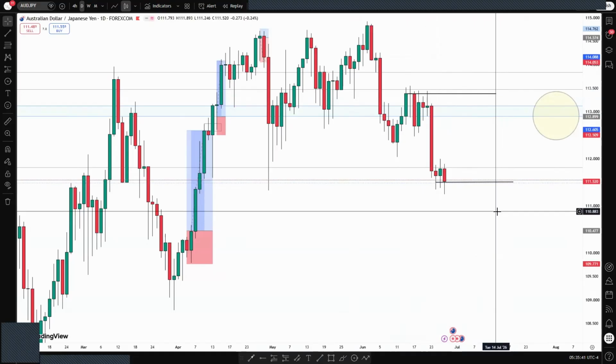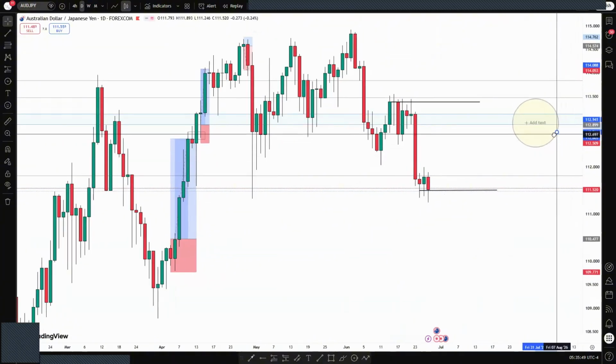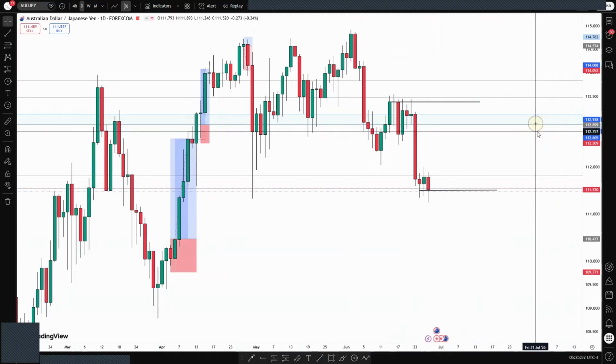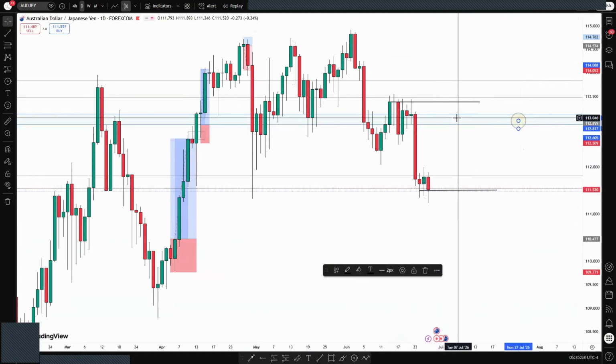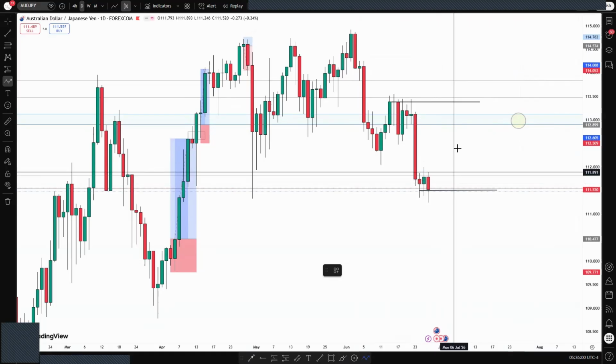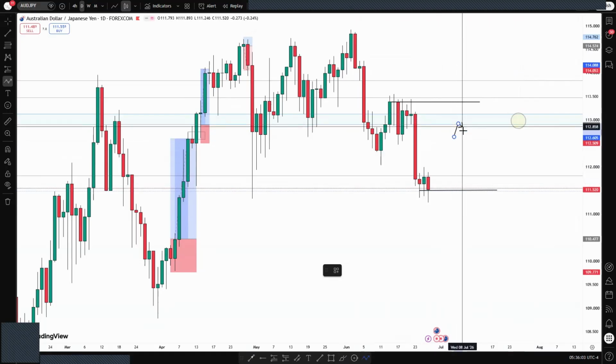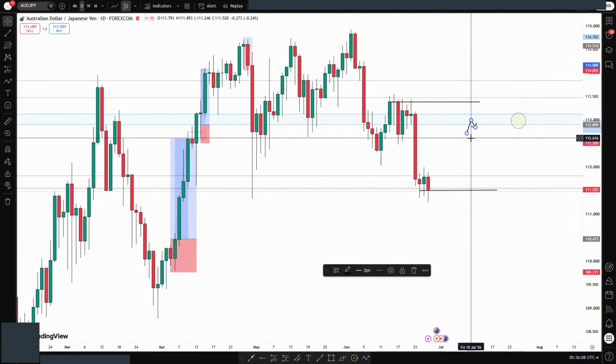So what do we do next? What we do next is simple. Just simply wait for price to come back here. Okay, when price comes back here, that's when we can lead our master sell. In this case, what do we do?